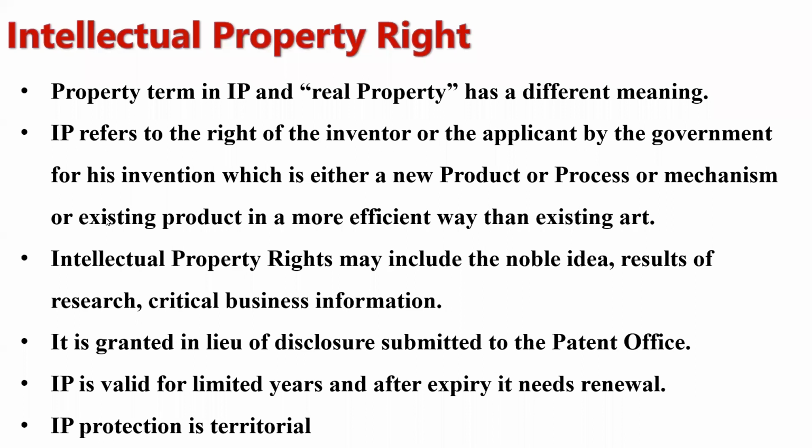So we are talking about some invention, and this invention should result in a product, or it can be a process, or it can be a mechanism, and it can be an invention of the existing art. So intellectual property rights include novel ideas. It can be results of research, or it can be critical business information. I will elaborate more in further slides.